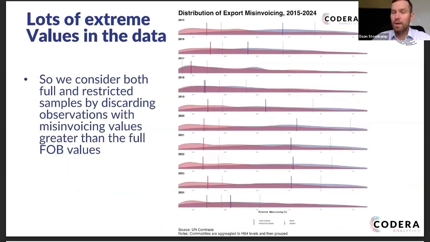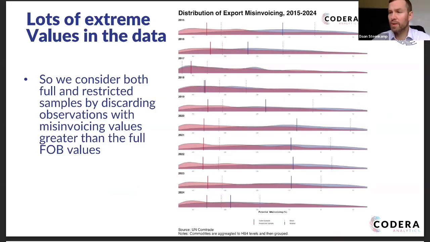Okay. Now, it's probably worth saying a little bit more about some of the data challenges that you face when doing this kind of work. What Jan's done here is just plot the distribution of estimates of export misinvoicing for each year between 2015 and 2024. Now, there are many extreme values in the data, which may be data errors or maybe just incomplete data.